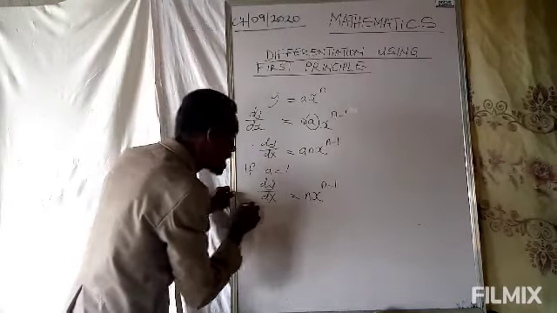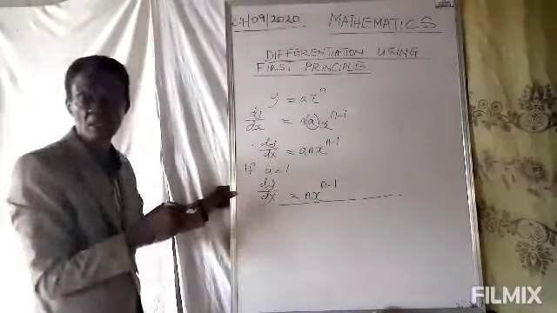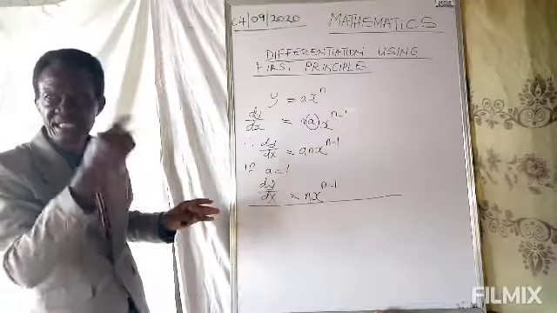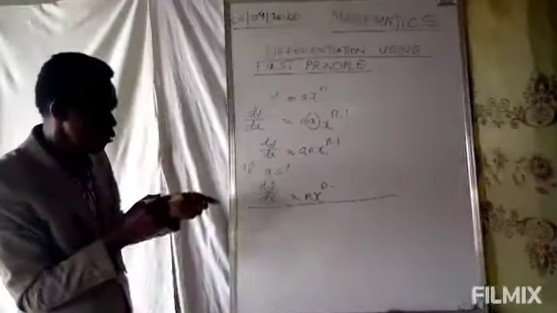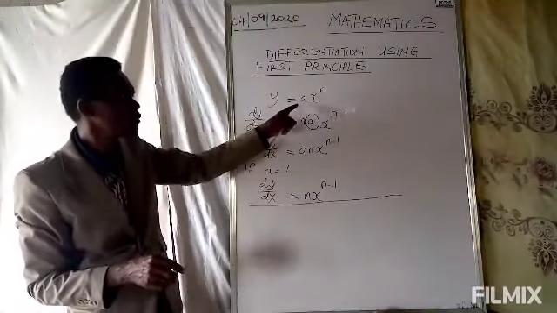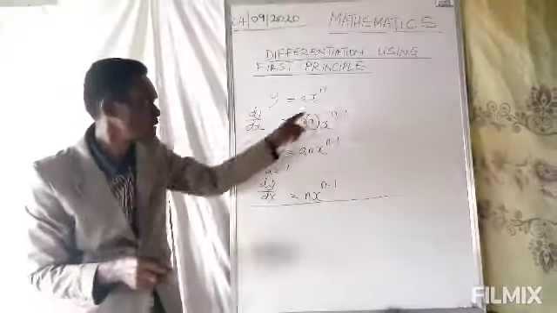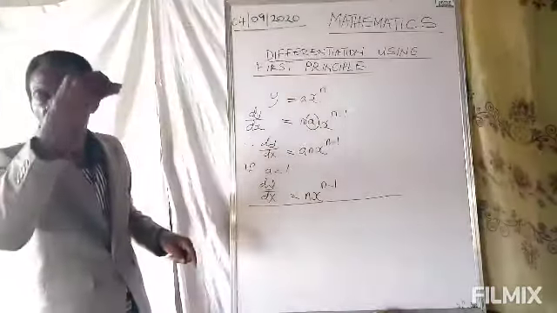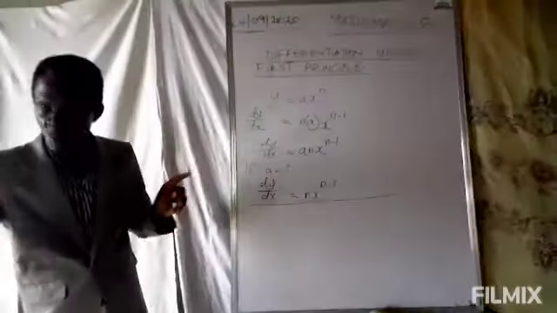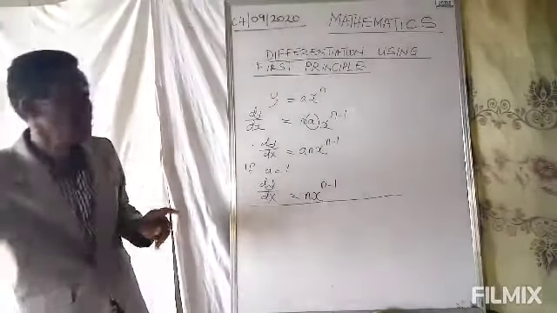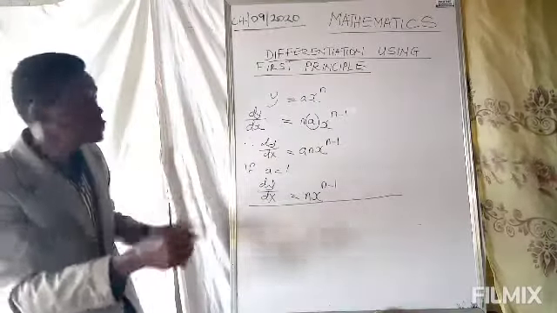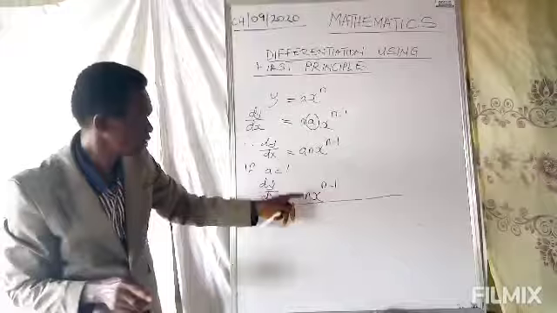So this one is the standard formula for differentiation with first principle. So n is the index. What it means is that we multiply the index by the coefficient, and we subtract 1 from the index. That's differentiation. Differentiation in words is multiply the index with the coefficient and reduce the index by 1.